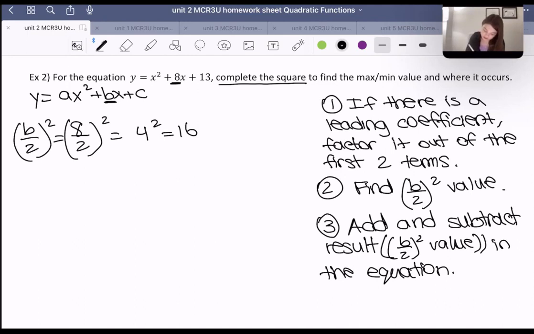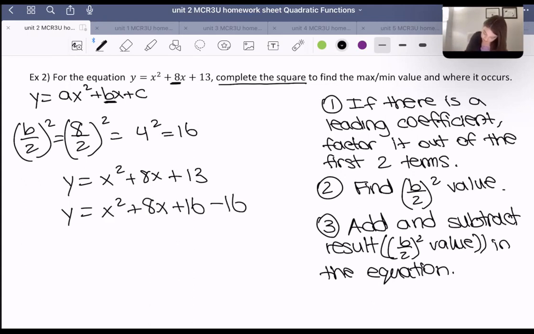Our original equation is y equals x squared plus 8x plus 13. What if I add 16 and subtract 16? So I'm going to do that: x squared plus 8x plus 16 minus 16 plus 13.